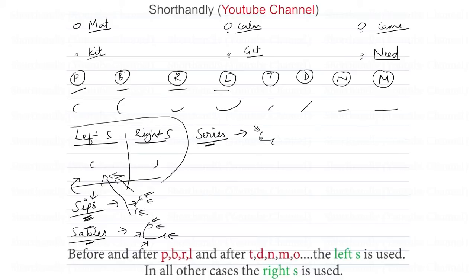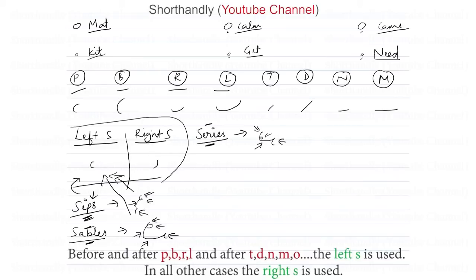Alright, so this is our left S. Then we have this small circle which is E, because if we pronounce it, it goes like series. So E is very similar to the one in need. Then we have this small curve which is R. Then finally we have this left S. Alright, so it's series. So here also we use the left S because in the statement we have this R character, and here also in this word we have this R character.